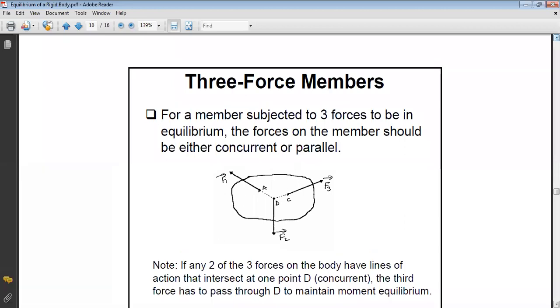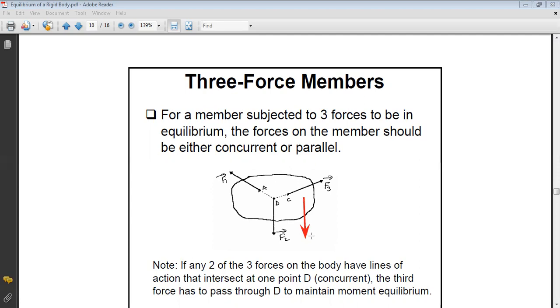Okay, because look, if F1 and F3 pass by D and F2 doesn't pass by D, what will happen? Look, this is the example. If F2 is not here, for example, if F2 is here, then when you do the sum of moments about D, F1 and F3 will have a zero moment, while F2 will have a certain moment about D. So when you do the sum of moments about D, you will not get zero, which will not satisfy the equilibrium condition.